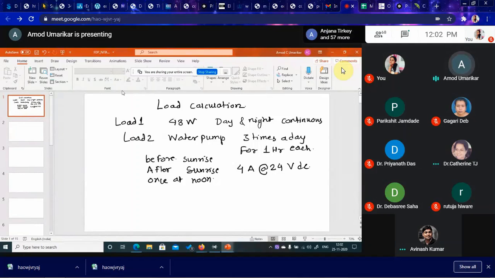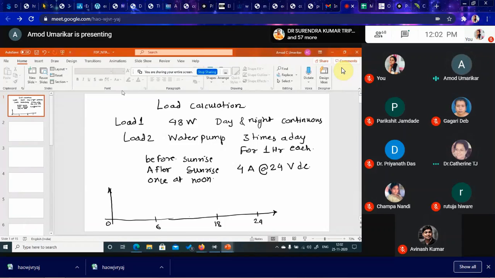Now let us plot what the load is in a day. So this is 0, 6, 18, 24. The first load will be a continuous load day and night.